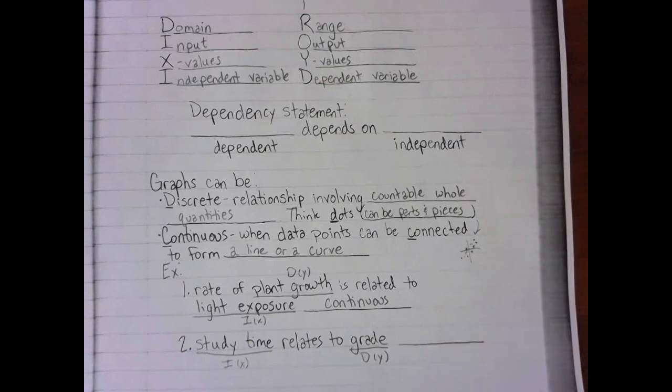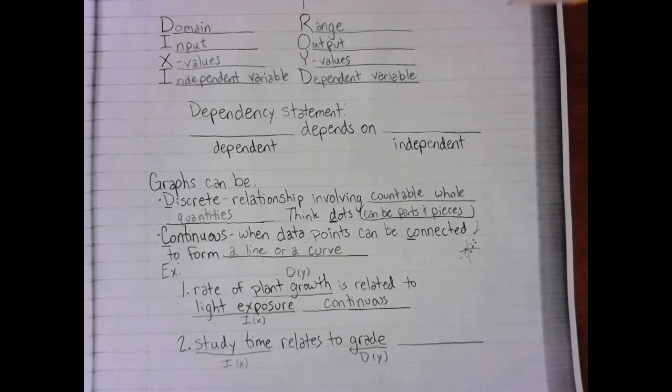And this is a really tough example, I'm going to be honest, because yeah, we can study for 3.5 hours and 4, and we can get grades of 89.2. But think of it this way, if we have lots of different people, if I study for 2 hours for math, is my grade going to go up as much as your grade if we both study for 2 hours? Probably not. If I study, it might go up by 5 points for an hour.